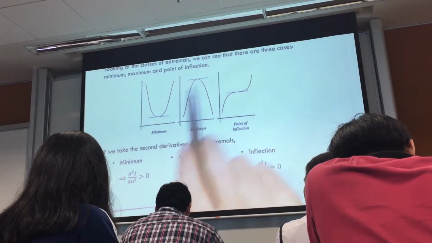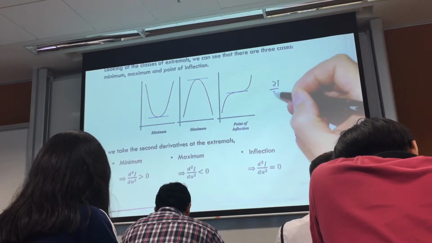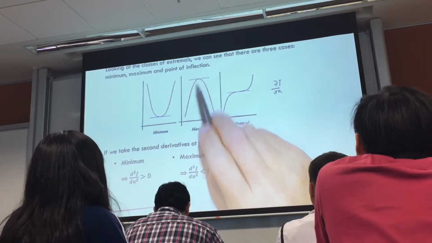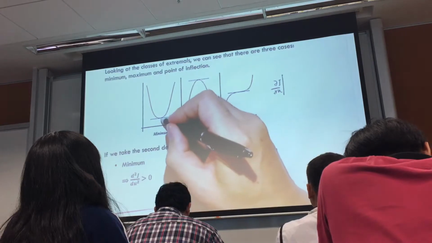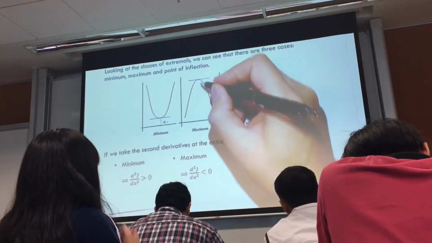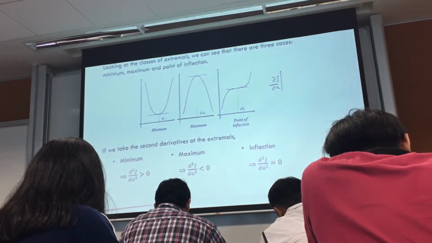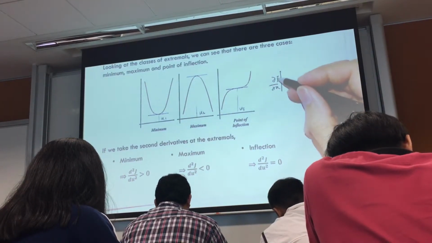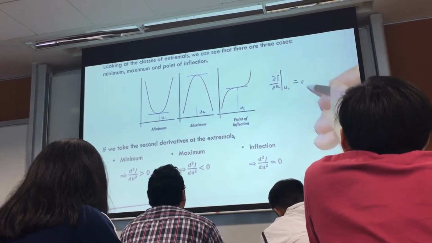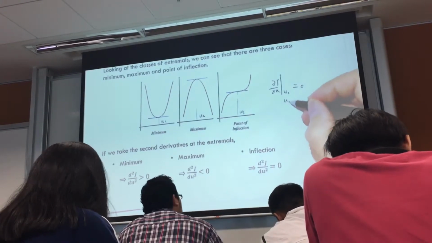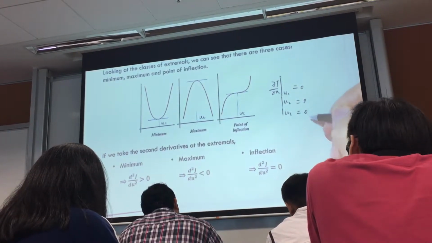In all these three situations, if you calculate dJ/du and evaluate at these points, for example this point is u1, this point is u2, this point is u3, then evaluated at u1 it will be equal to 0, at u2 it's also equal to 0, and at u3 it's also equal to 0.